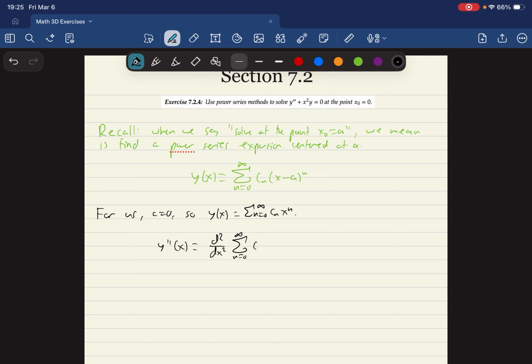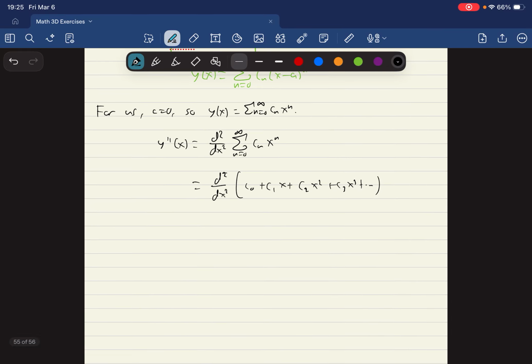If we want to calculate the second derivative of this power series, we can just do it term by term. This is much easier to see if we write out the whole power series: c_0 plus c_1 x plus c_2 x squared plus c_3 x cubed plus on and on.